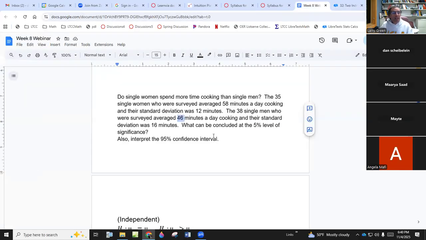And the sample standard deviations were 12 for the women and 16 for the men.